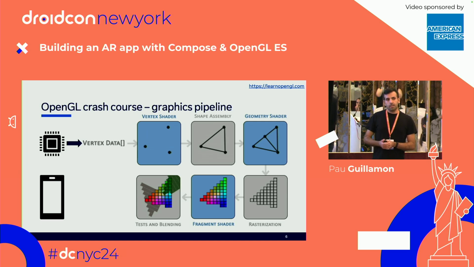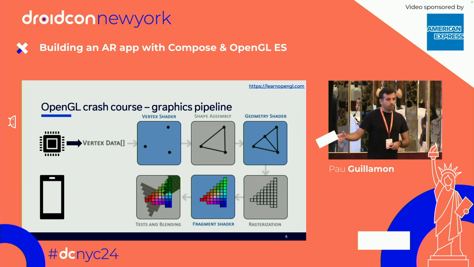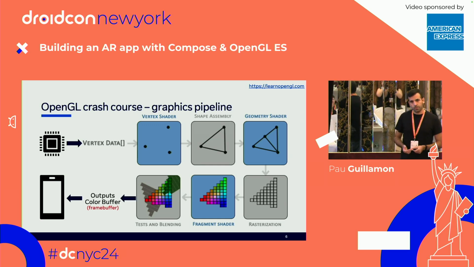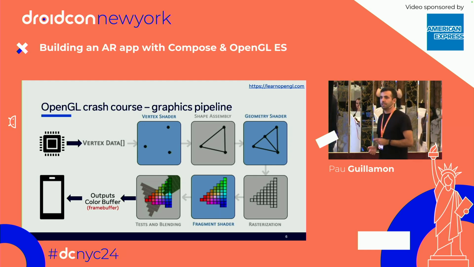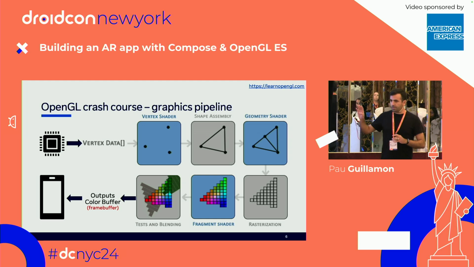And the goal of the fragment shader is to output the color of each fragment. There are some tests and blending operations executed on the GPU, and finally all of that goes to the output, which is the color buffer. It doesn't go directly to the display. It goes to this buffer, which belongs to a frame buffer. I'll go back to frame buffers later. And only at the very end, the content would go on the display.